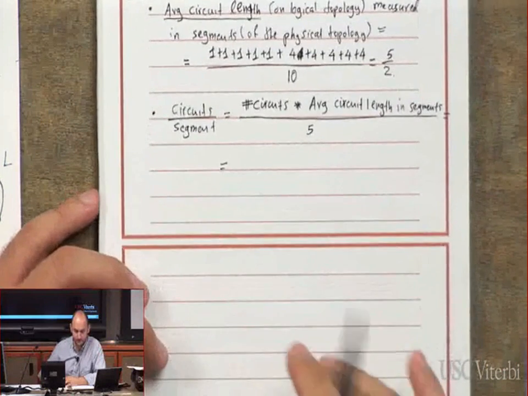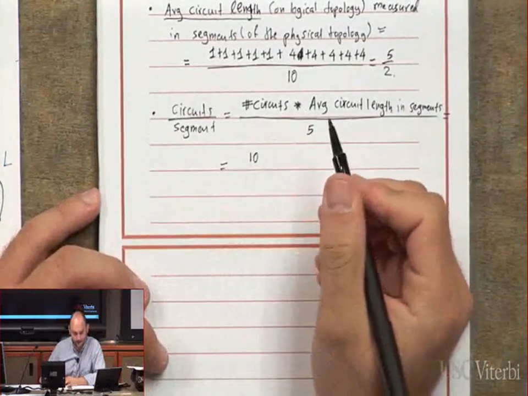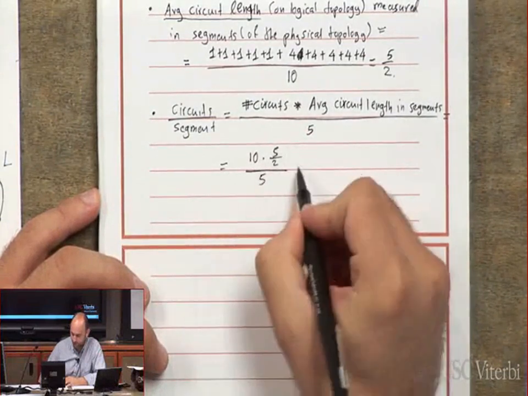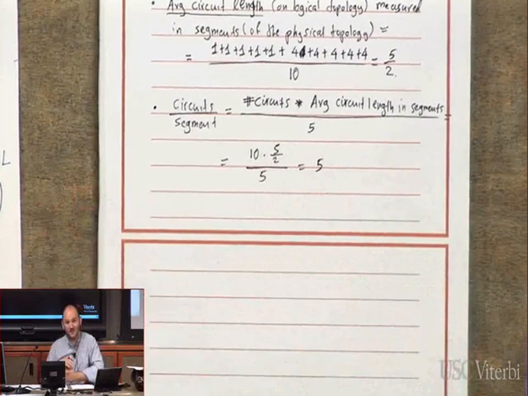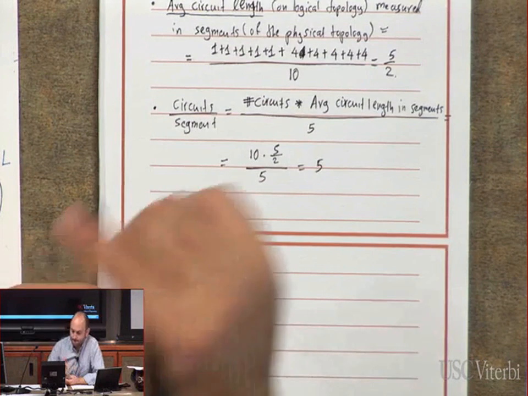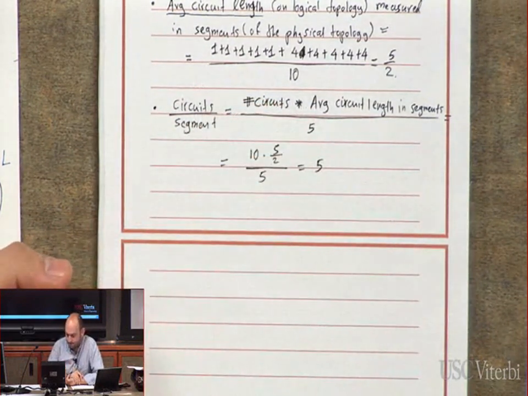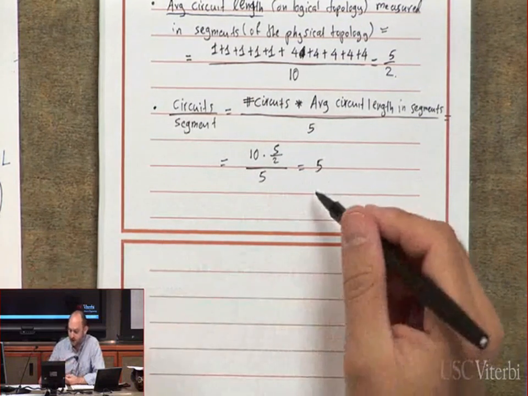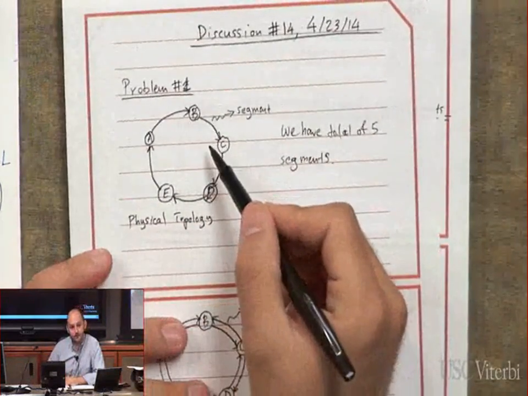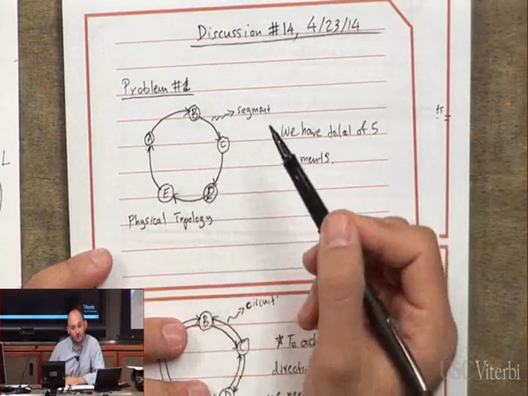And this gives 10 times 5 over 2 over 5, which gives 5 circuits per segment. Do you agree? So in this case, we just found, for each of those segments, how many circuits pass through, how many circuits we want to support.